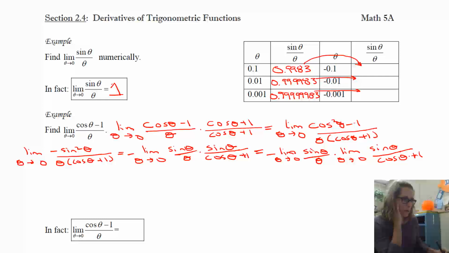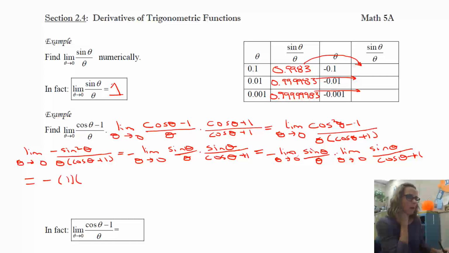Okay, and not surprisingly, down here, over on the left-hand side, we can now look at each limit separately. So we already know, I have my negative in the front, we already know that this limit here is what? Well, we already found it up here.